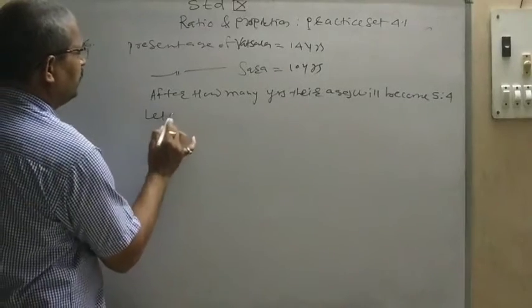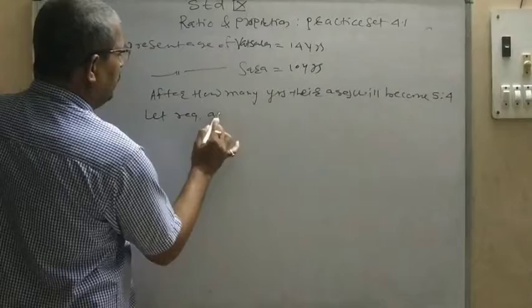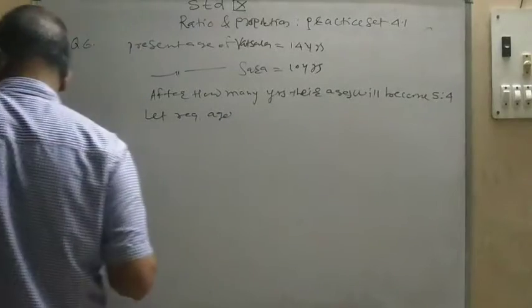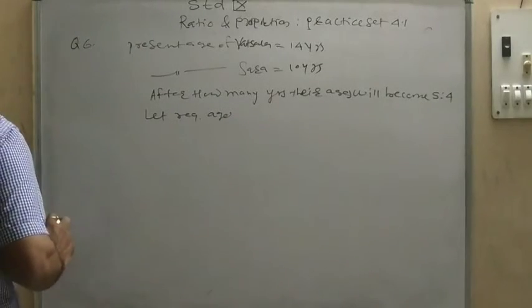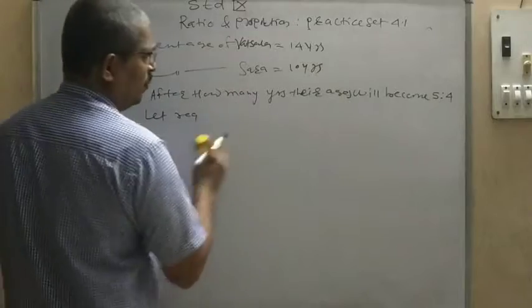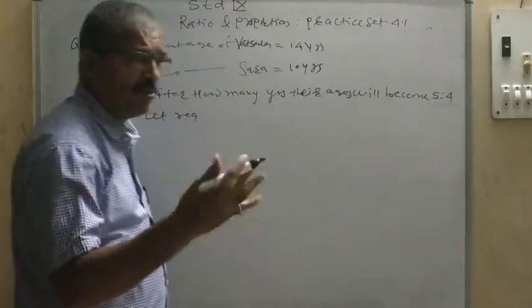So let the required years be x. You want the ratio 5/4, so after how many years?